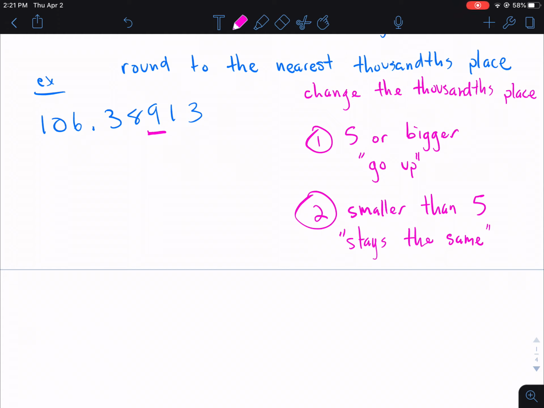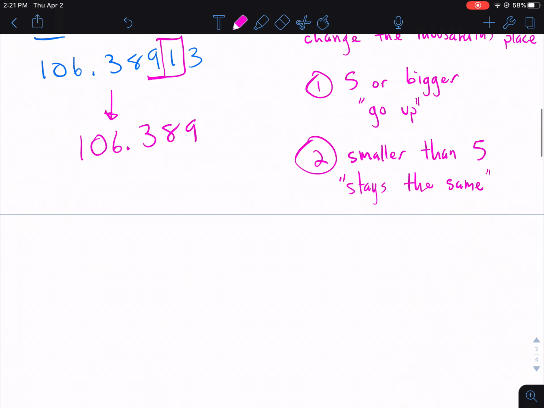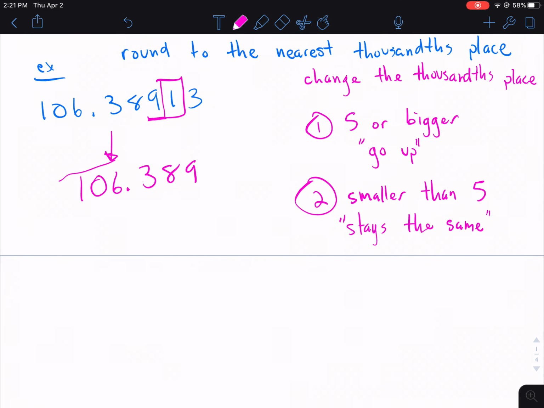So what number's to the right of 9? 1. Is 1 bigger than 5 or smaller than 5? It's smaller, so we're going to stay the same. The 9 stays the same. So my answer is 106.389. And that is your answer.